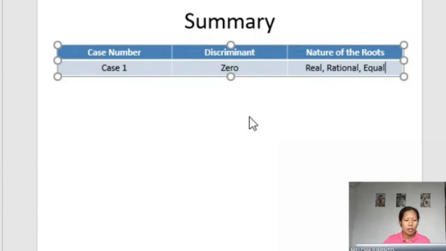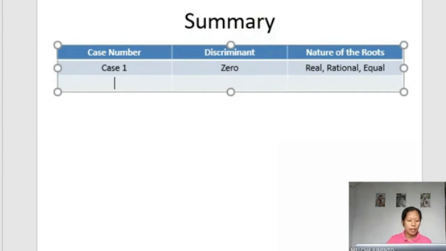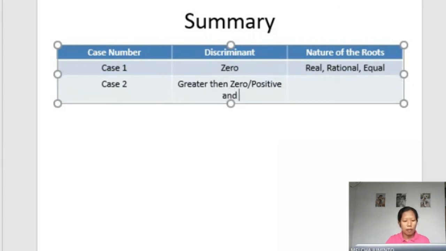So if we computed and the result of the discriminant is 0, we expect that the roots are real, rational, equal. For the second case, if it is greater than 0, when you say greater than 0, it is positive and a perfect square, the roots are real, rational, and unequal.